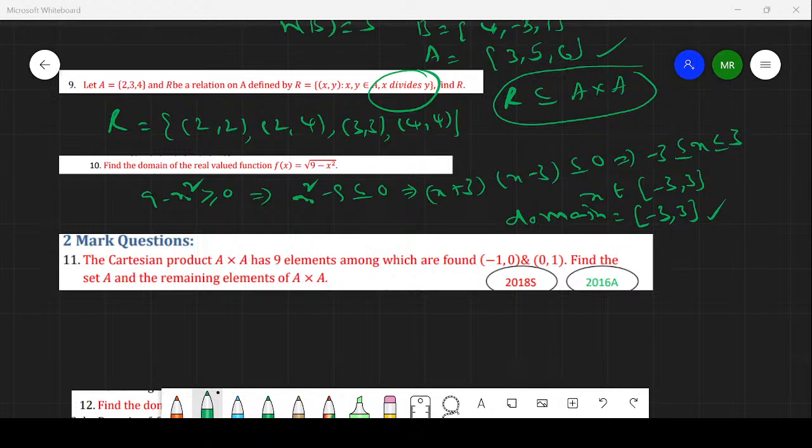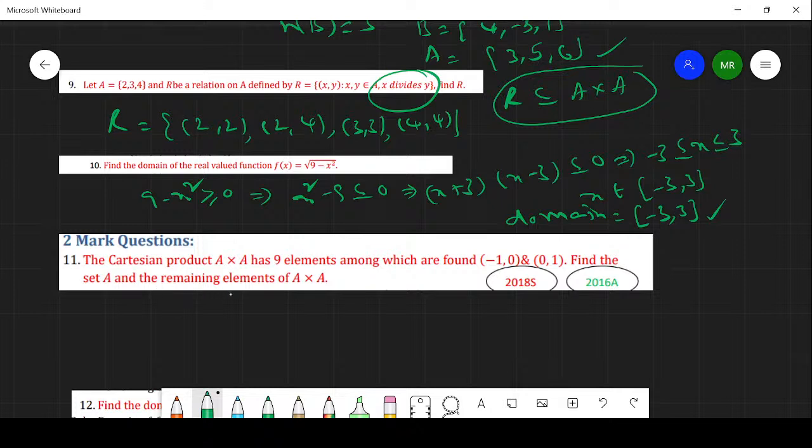Now I'm going to explain the 2 marks questions. Look at this 2 marks question. The Cartesian product A cross A has 9 elements, among which are found minus 1, 0 and 0, 1. Because we know these are 2 ordered pairs.